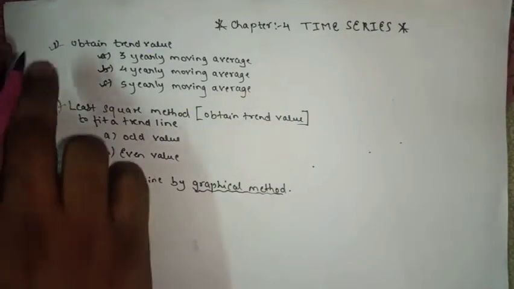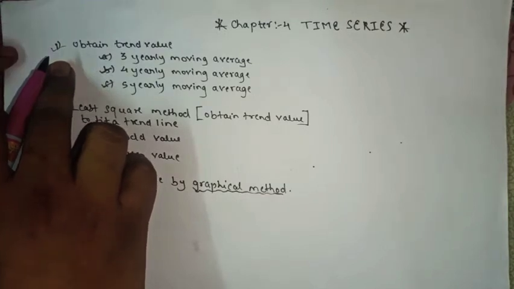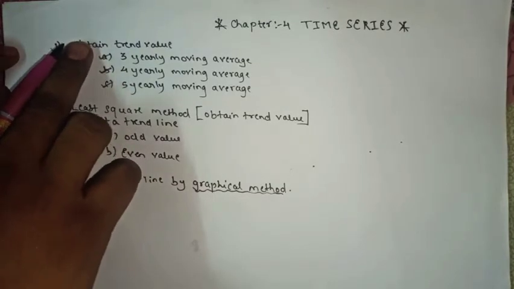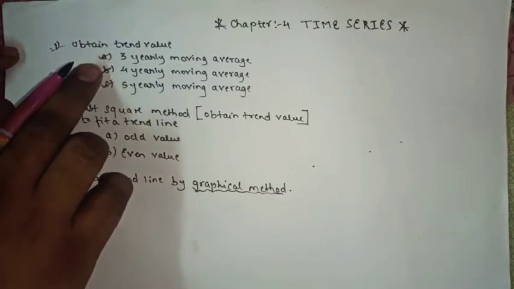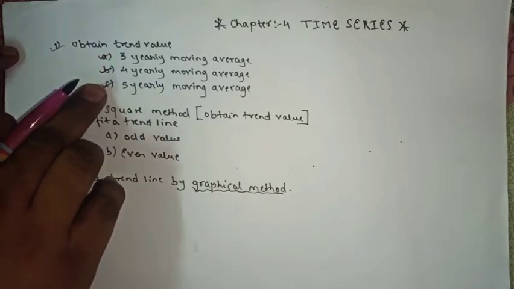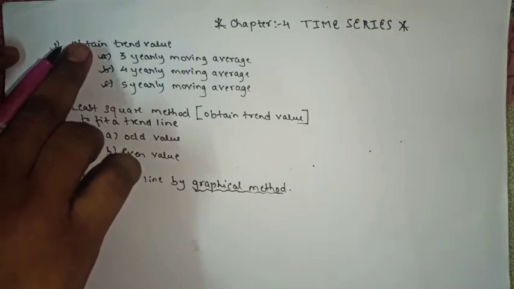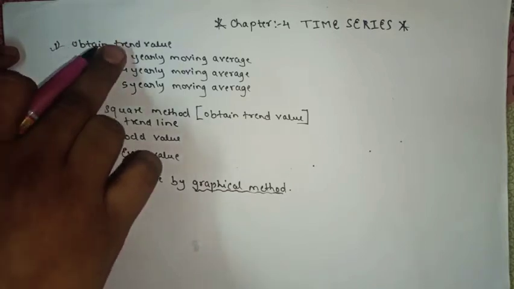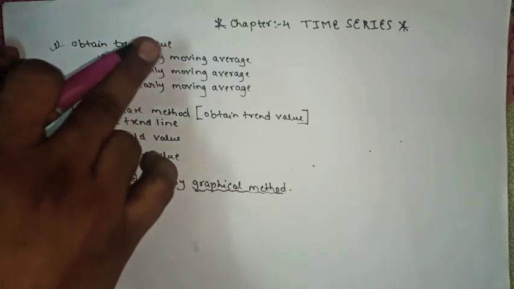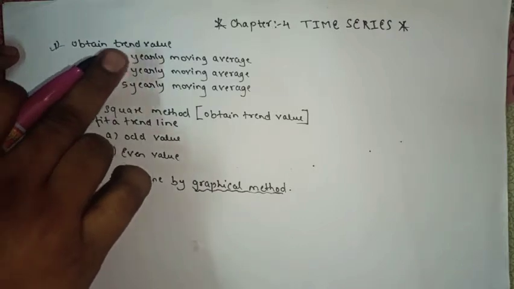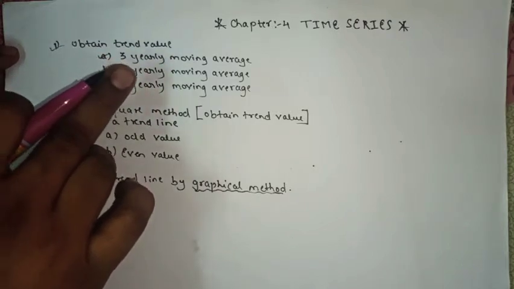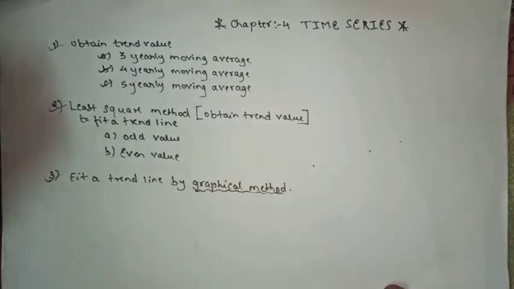That means in type number 1 we have to study these three subtypes, in which you will obtain the trend value for 3, 4 or 5 years moving average.